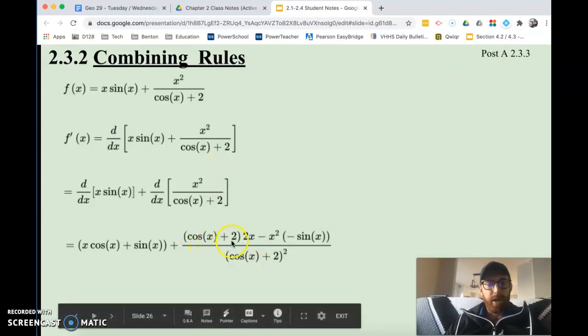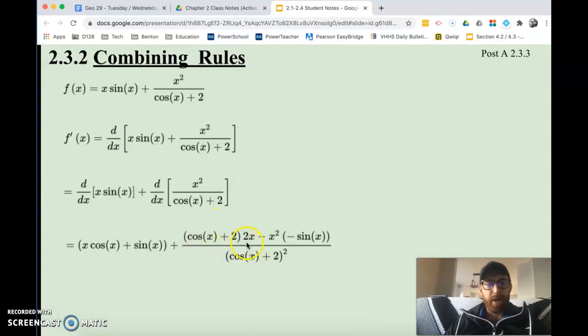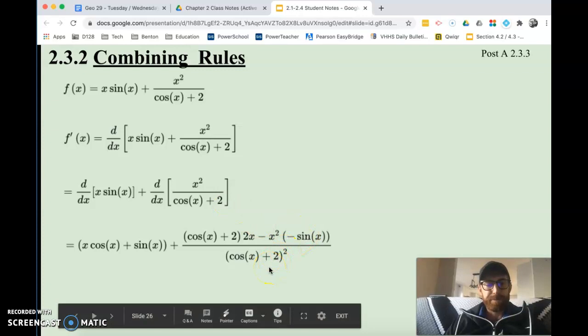So low d high, so I got the low and then the d high, that's where the 2x comes from, minus high, x squared times d low. Remember, the derivative of 2, since it's a constant, is just going to be 0, all over low squared, and you're good to go. Now, you could potentially leave it like this.